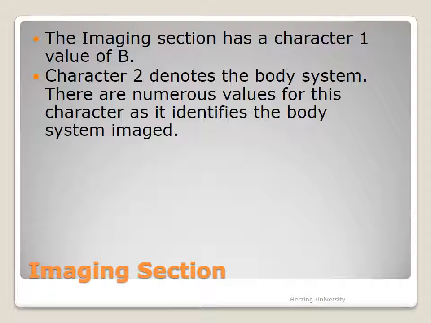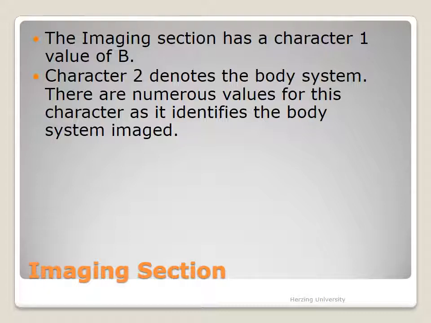Let's talk about the imaging section first. The imaging procedure codes include codes for plain X-ray services, ultrasound, fluoroscopies, CT scans, and MRI scans. The ICD-10 PCS imaging section codes begin with the letter B in the first character position to identify imaging codes.